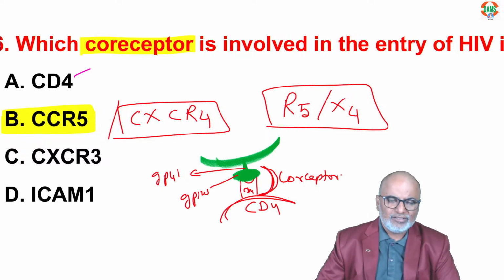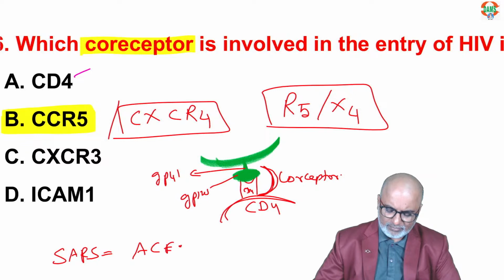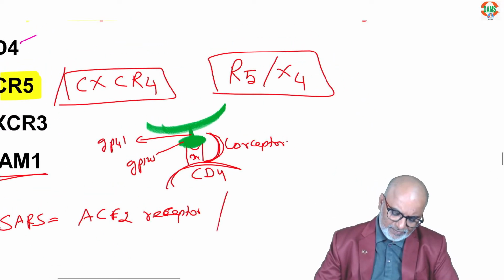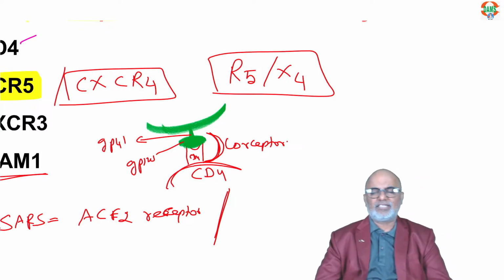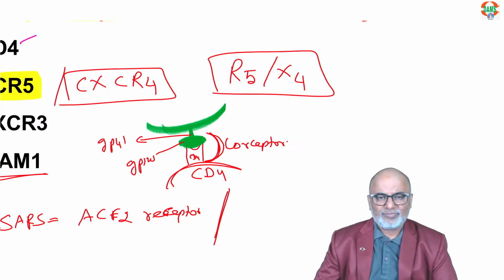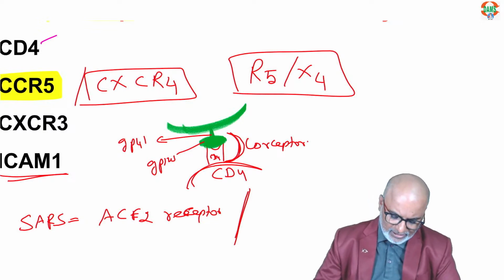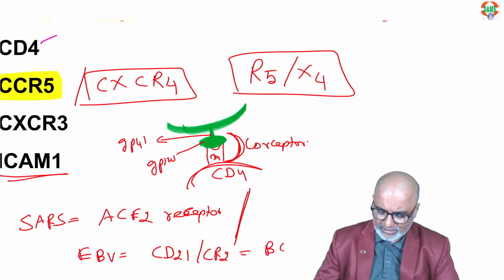So you should know, for example, SARS virus attaches with the ACE2 receptor. Herpes, ICAM. Rabies virus, acetylcholine receptors. Each virus can attach to a specific receptor. Epstein-Barr virus attaches with CD21, the complement receptor present on B cells.